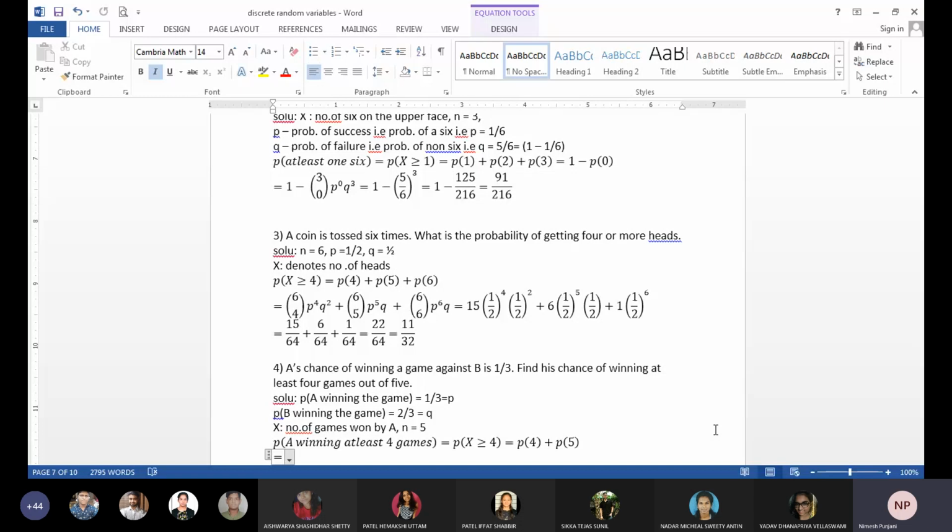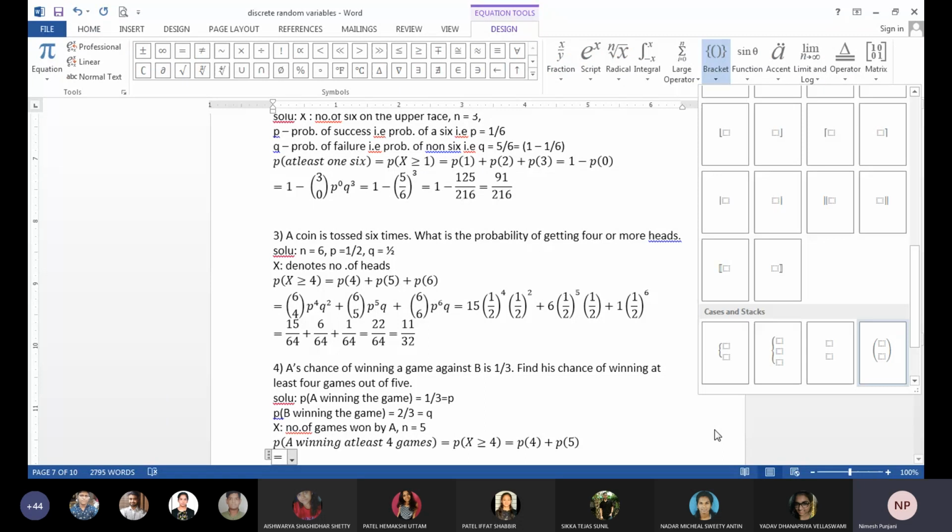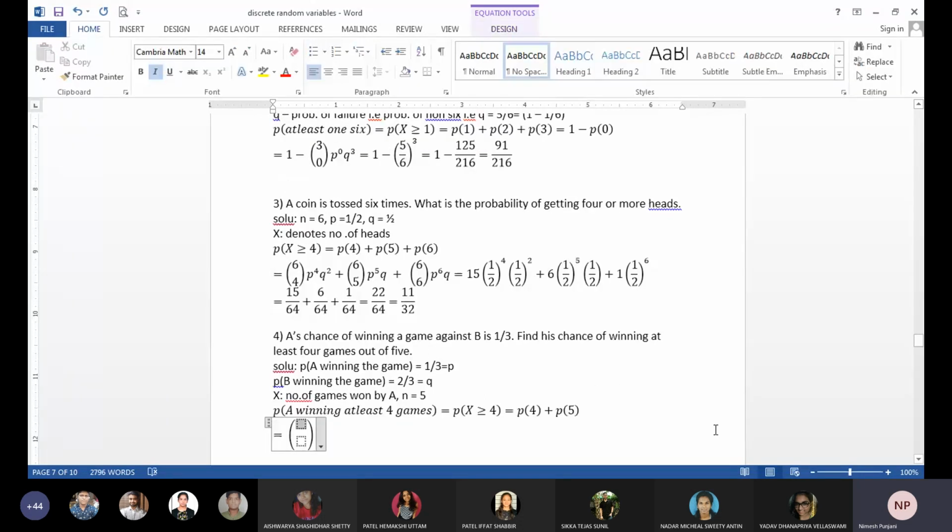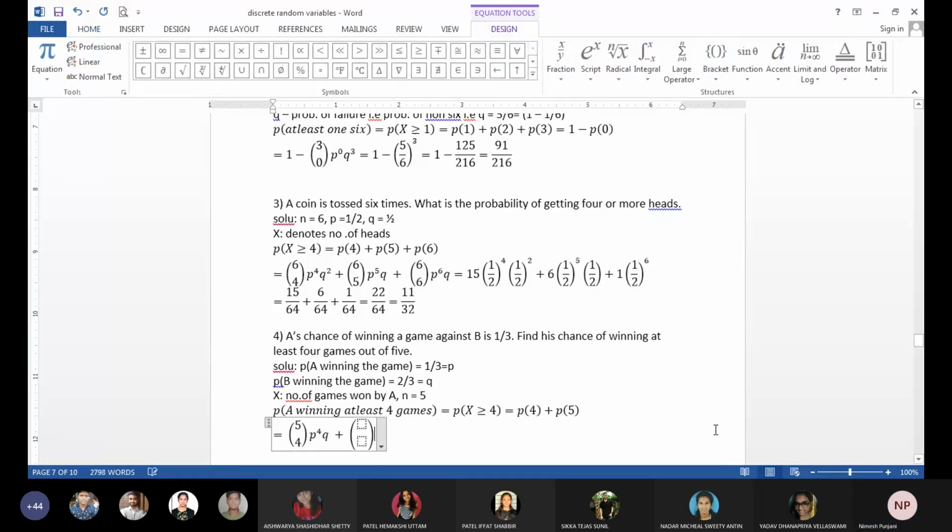So it is P of 4 plus P of 5. So 5C4 p raised to 4 multiplied by q, plus 5C5 p raised to 5 multiplied by q raised to 0.